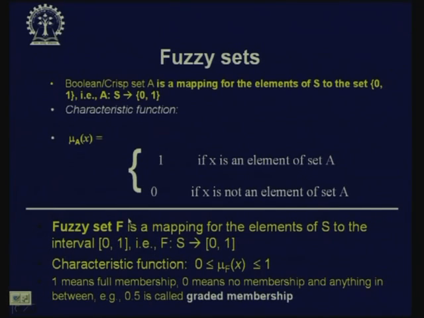On the other hand, a fuzzy set F is a mapping from the elements of S to the interval [0, 1]. So, the characteristic function is a membership function of x belonging to F that will lie between 0 and 1, where 1 means full membership, 0 means no membership, and anything in between, for example 0.5, is a graded membership that tells us the degree of its belonging.